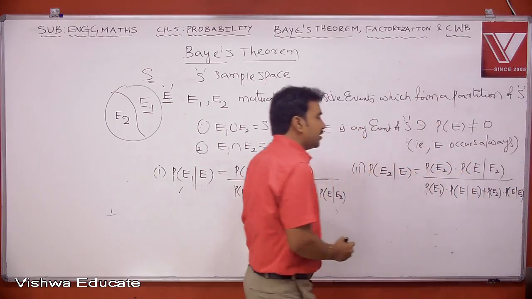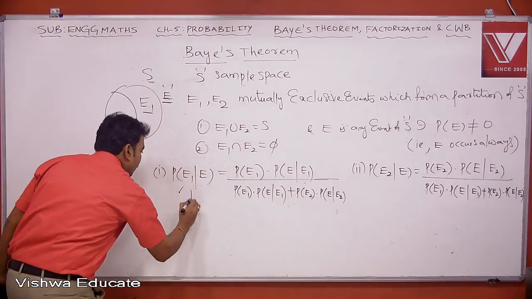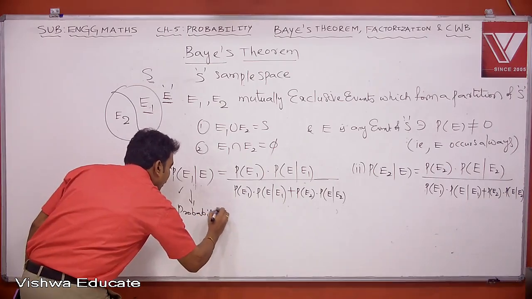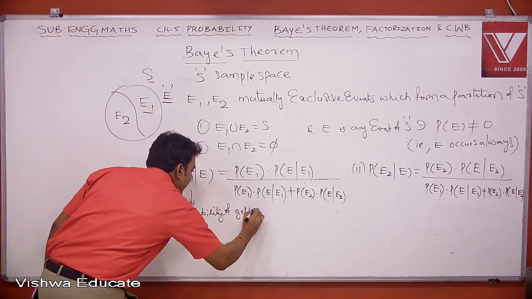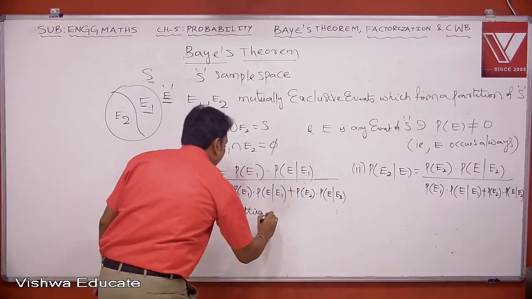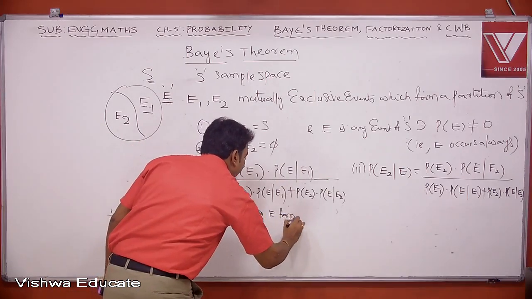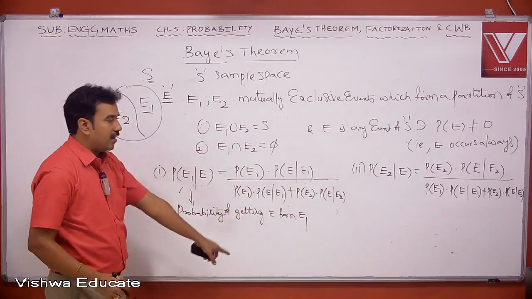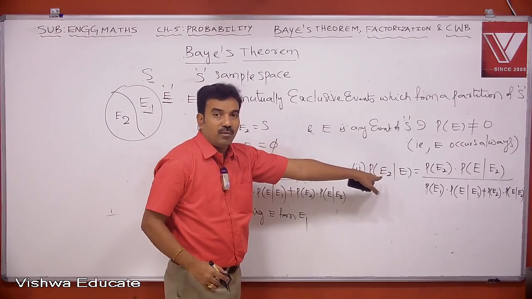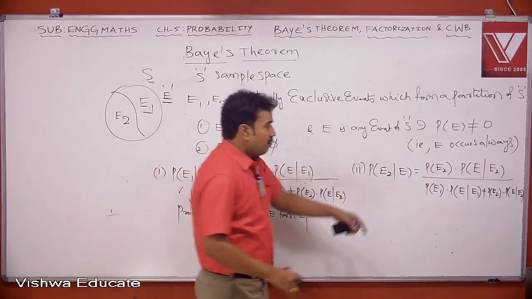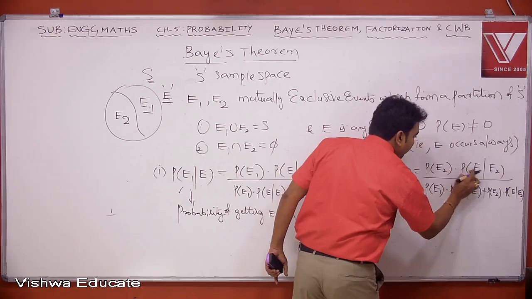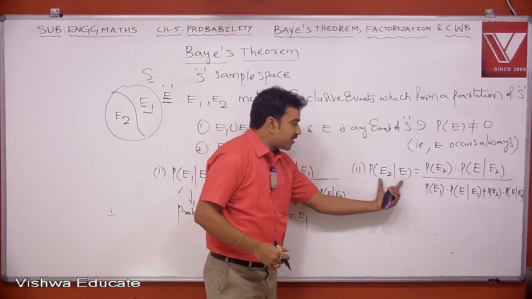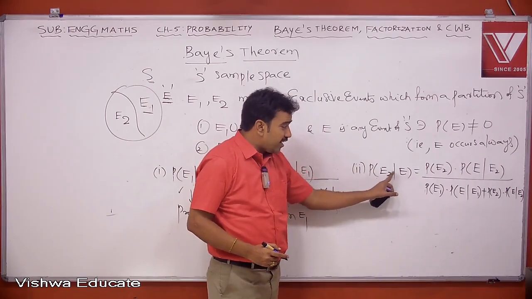So this is nothing but the probability of getting E from E1, and this is the probability of getting E from E2 when the sample space is overall. But here we are getting the probability of getting E from sample space E2 only. That's the difference.